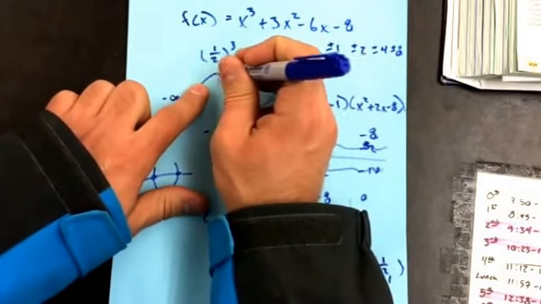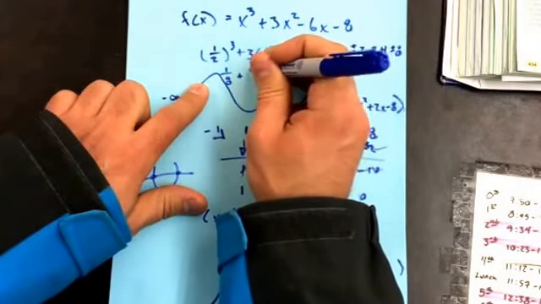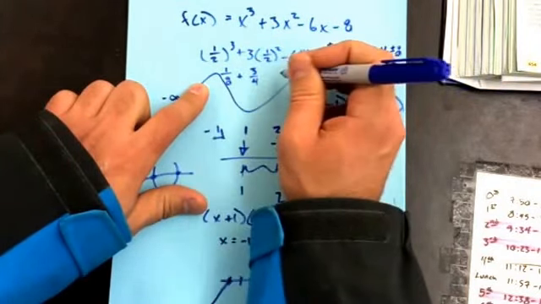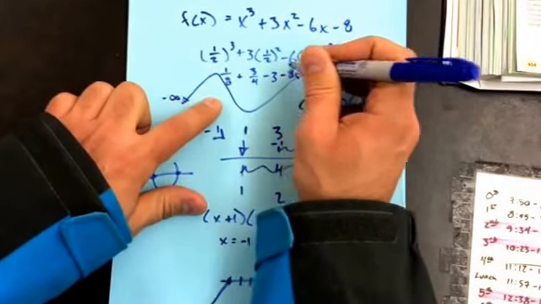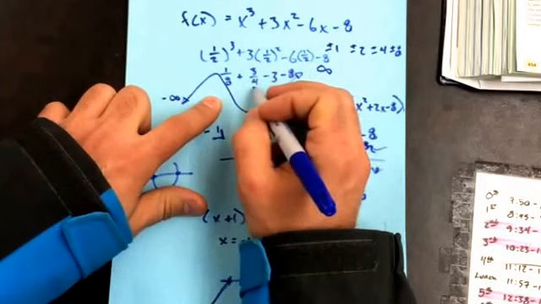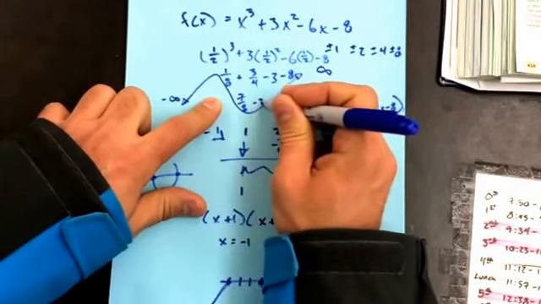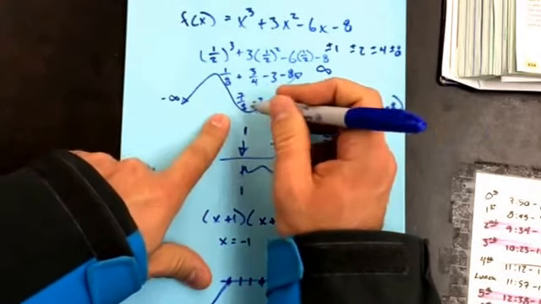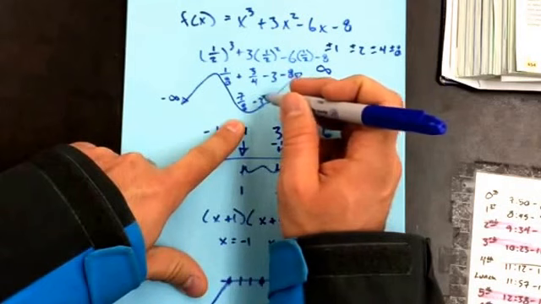This is going to be 1/8 plus 3/4 minus 3 minus 8. This is going to be 6/8, so 7/8 minus 3 minus 8, which is going to be, oh man, that's negative 11.